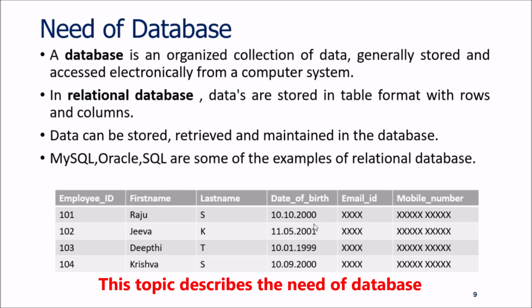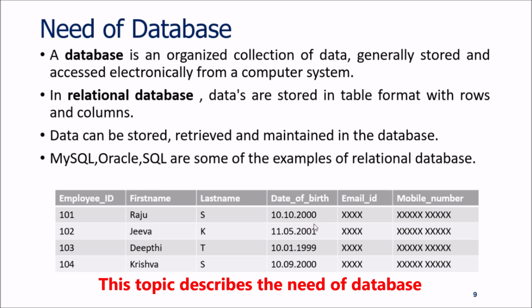Here, this table shows the employee information with 6 fields. The fields are employee ID, first name, last name, date of birth, email ID, and mobile number. From these data, we can get some useful information: how many employees are more than 25 years of age?